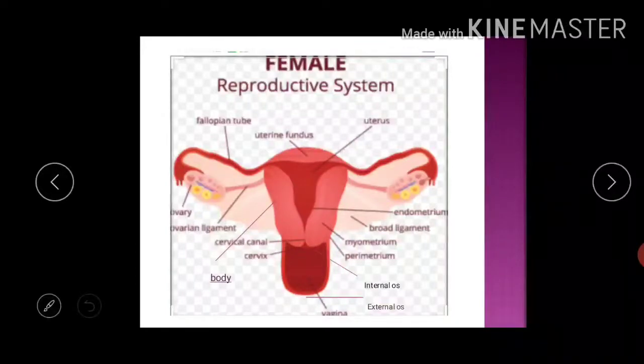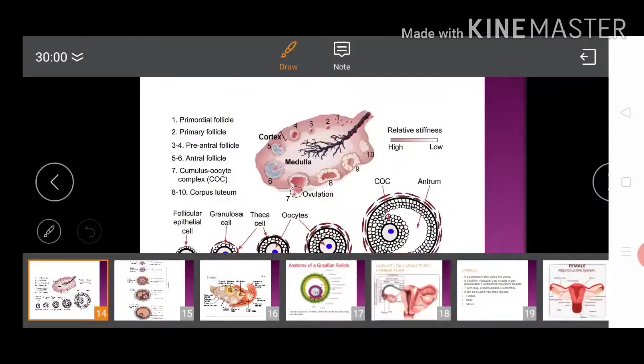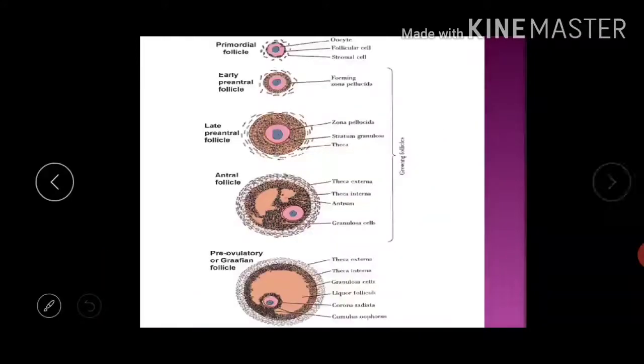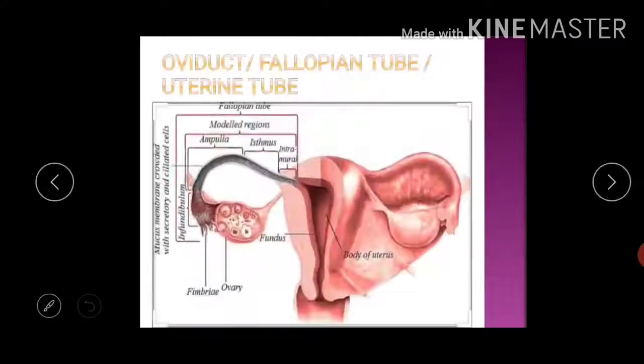Here, internally, the uterine wall can be distinguished into three regions. One is known as the perimetrium. See this? It is known as the perimetrium. Then there is the myometrium. Once again I will show you.